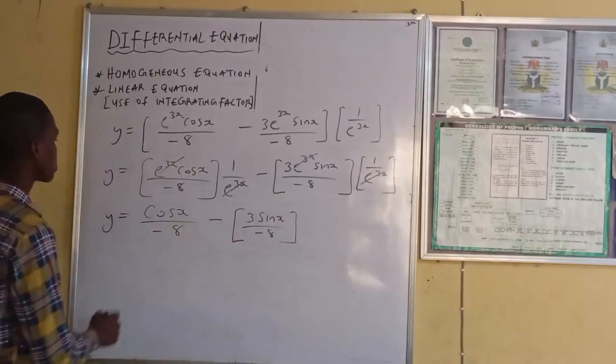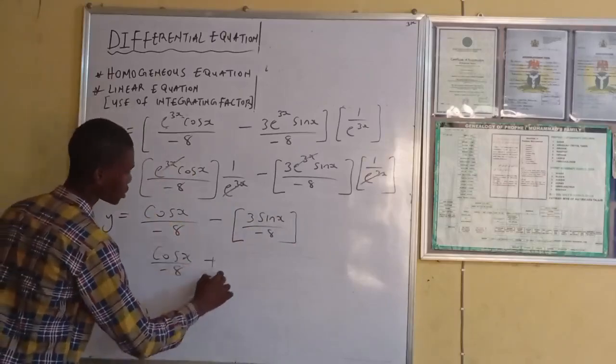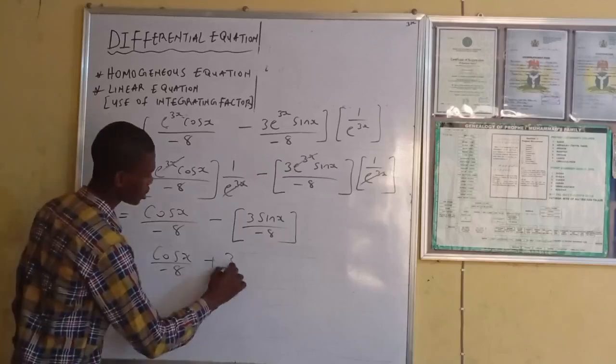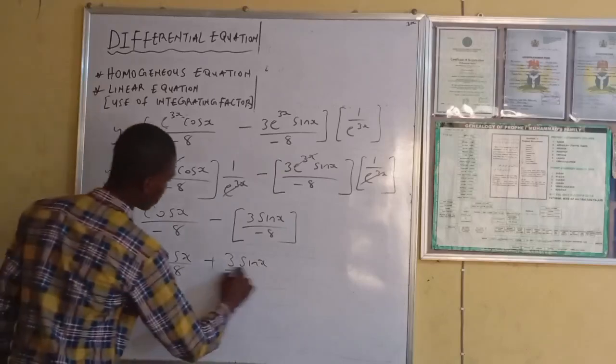Then from here, it's still the same thing as cos x over minus 8 plus 3 sine x divided by 8.